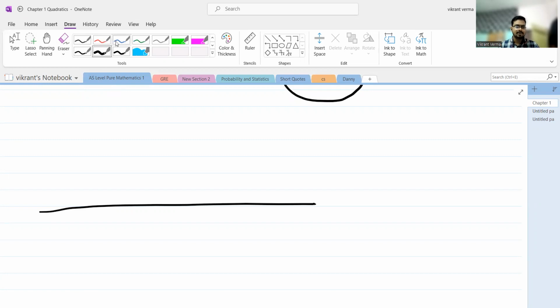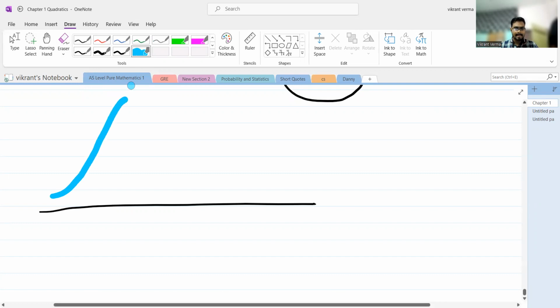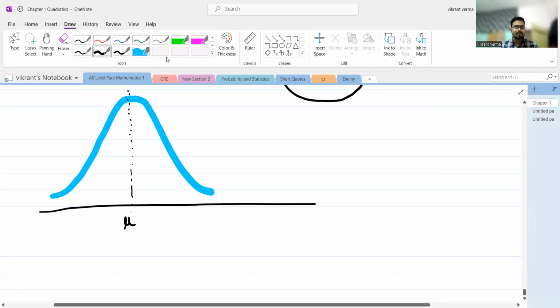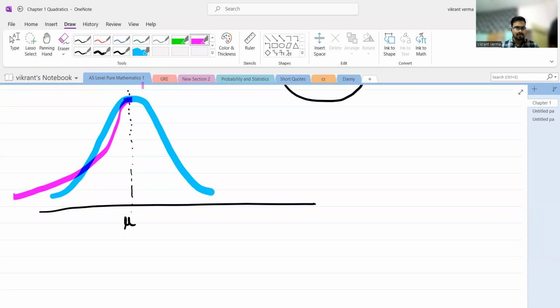If I draw a curve like this, with the line of symmetry set here at the mean mu, and then draw another graph like this, you can see that although both graphs are normal, each is actually a symmetric curve.